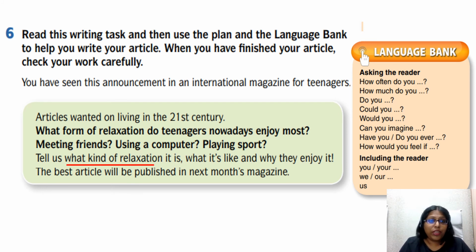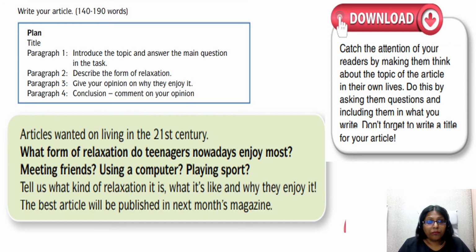Okay, so we need to identify what they want us to write about. First, what kind of relaxation? Next, what it's like and why they enjoy it. Okay, so first of all, you plan your article. Come up with a catchy title.